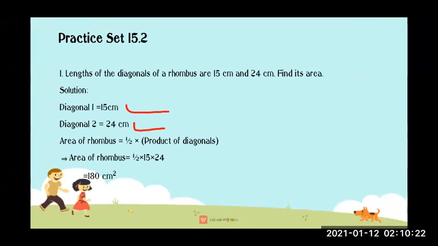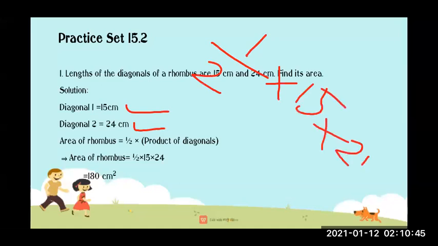And you have to write down the formula, that is area of a rhombus equal to half into product of its diagonals. Now next, half into 15 into 24.